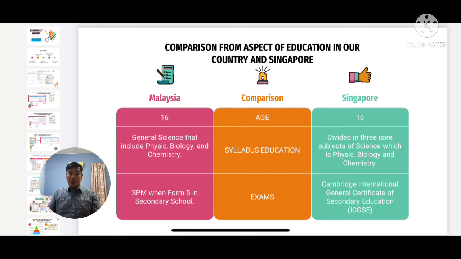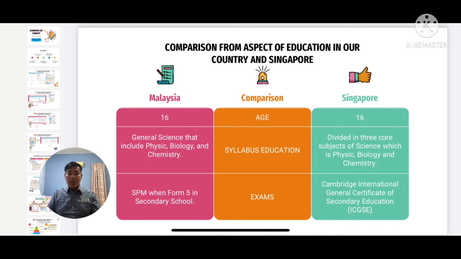Before I end this topic, I would like to share with you several comparisons between our country, Malaysia, and our neighbouring country, Singapore, in the aspect of education. The first difference is the syllabus of education.